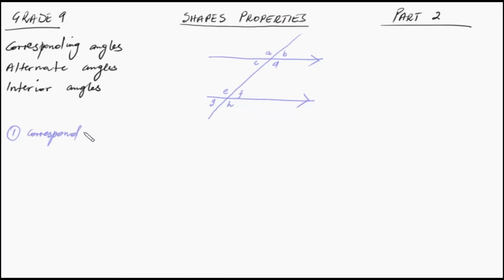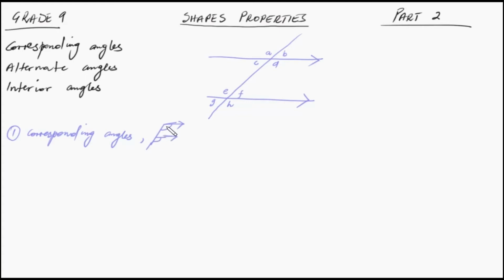Corresponding angles. Think of an F. Okay, an F like this with arrows. When we talk of corresponding angles, we are basically talking about this angle and this angle. These two angles are in the form of an F. This F is just a tool that you can use to identify corresponding angles.